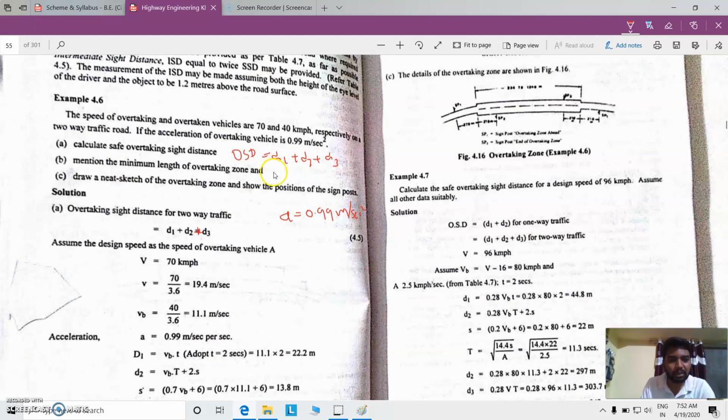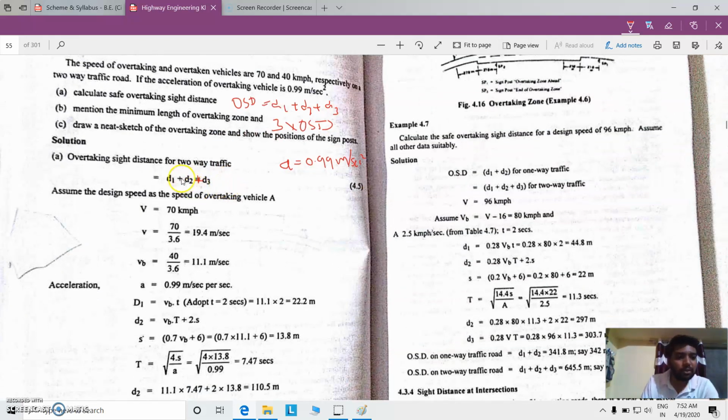And the minimum overtaking zone length is considered 3 times the OSD, and desirable will be 5 times the OSD, right? So now the solution: overtaking sight distance for two-way traffic is D1 plus D2 plus D3.